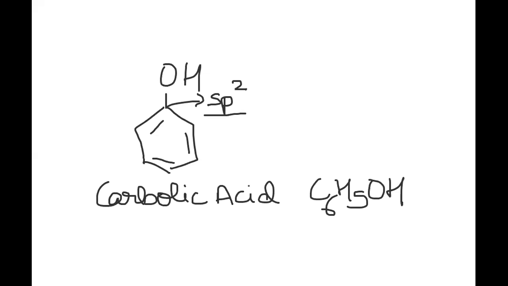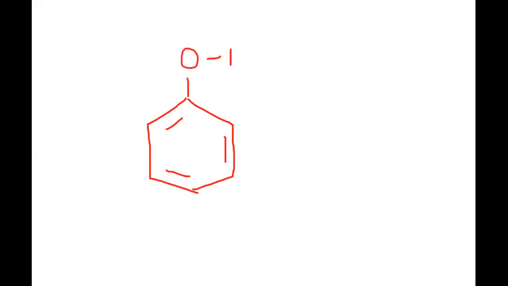And therefore the rupture of the carbon and oxygen bond in this case becomes a little difficult compared to aliphatic alcohols. Another very important thing we have to understand in the case of aromatic alcohols is the structure: because of the double bond, and this is oxygen, this is an H, and this has a lone pair of electrons.